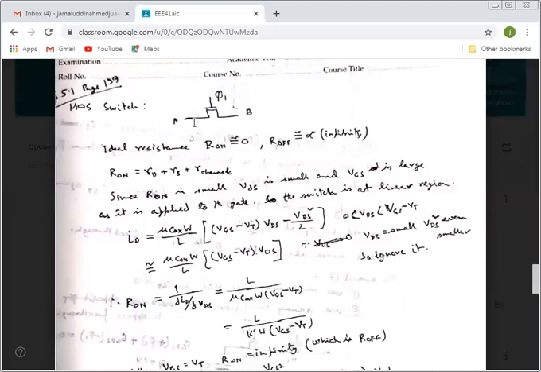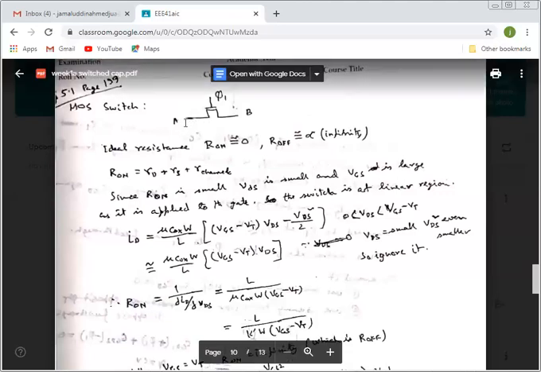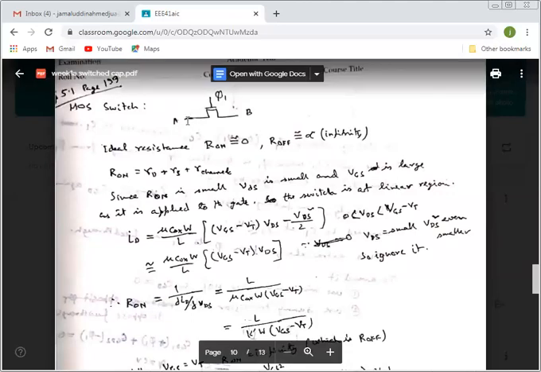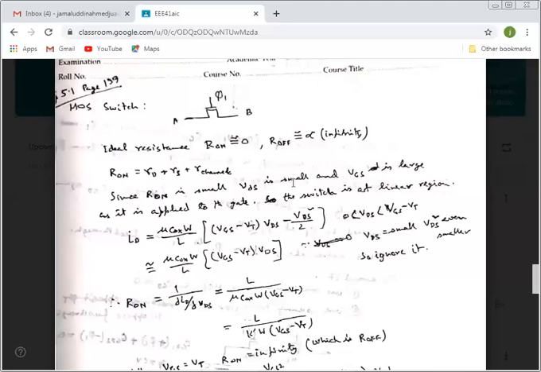Since phi is 1, but A and B are not as high as phi, there is a potential difference between A and B, but that difference is not as much as the 1 of phi.